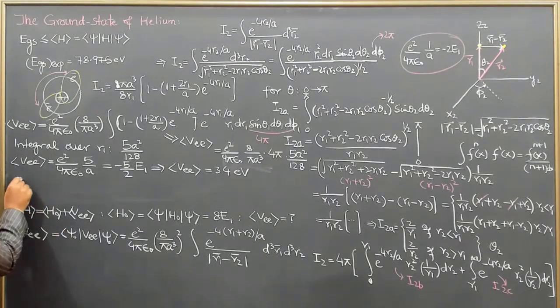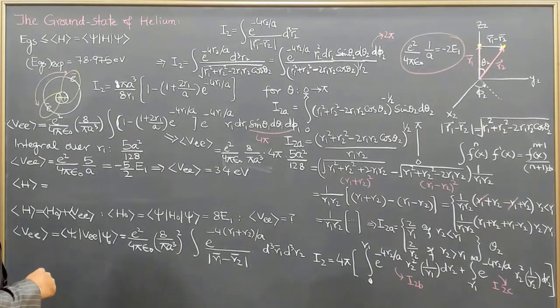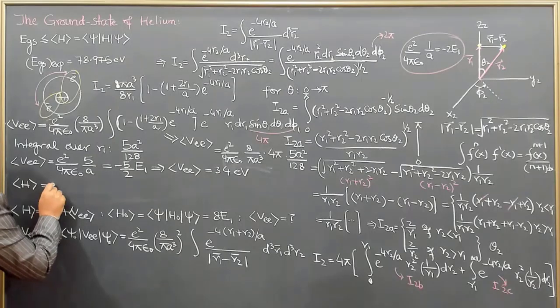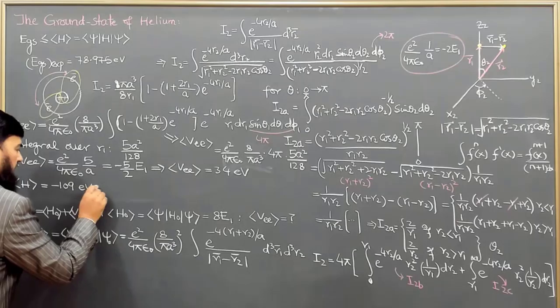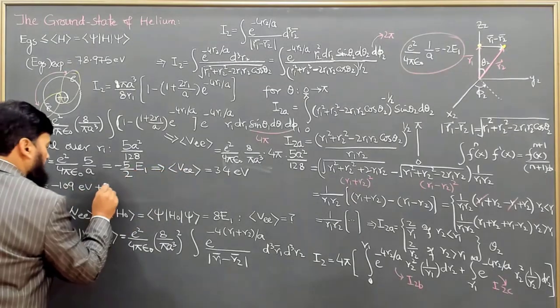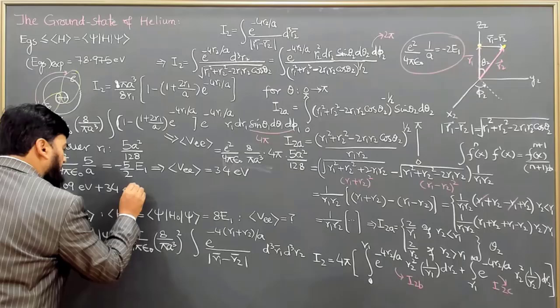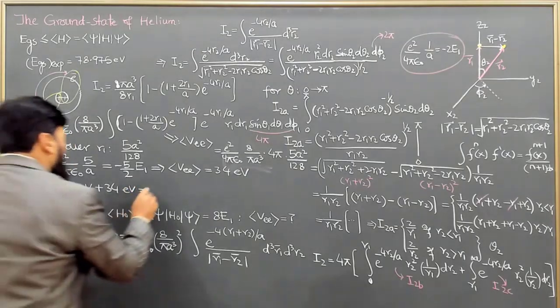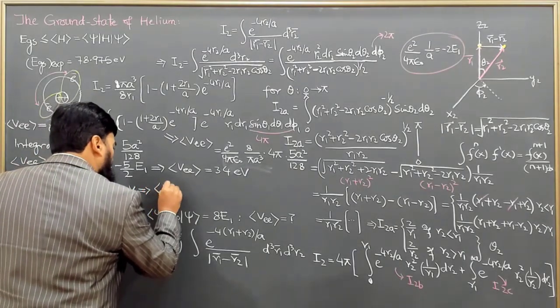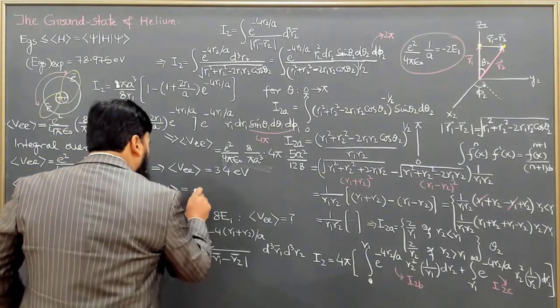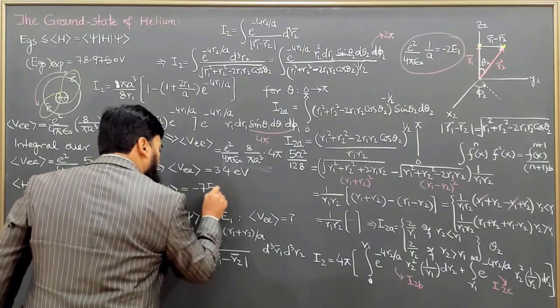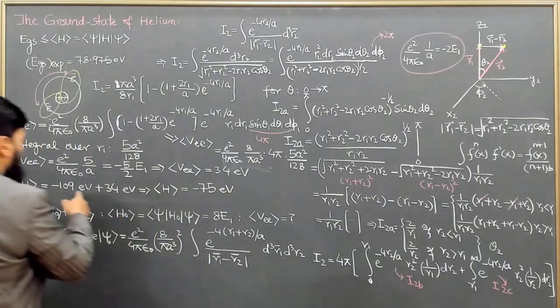So our Hamiltonian, which we calculated earlier without the electron repulsion term, was minus 109 electron volt, and now with this V_EE of 34 electron volt, H comes out to be equal to minus 75 electron volt.